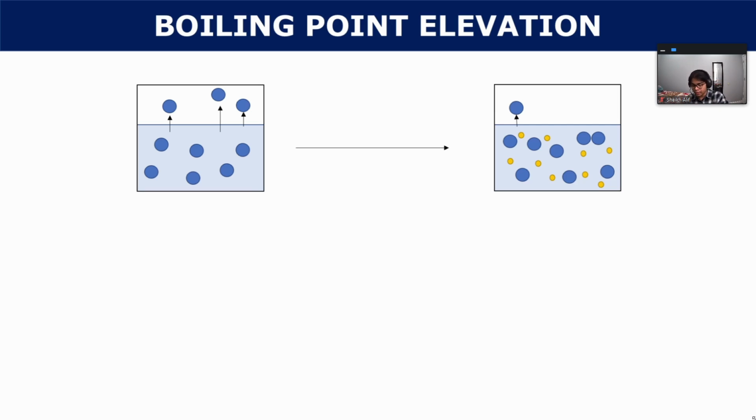When you don't have a solute, it's much easier for the water molecules, or whatever solvent molecules, to jump up from the surface. But when you do have more solute, it becomes harder and harder for the solvent molecules to jump up from the surface and become vapor. That's why we have boiling point elevation. When you have more solute, you need more and more heat, and the boiling point goes up.